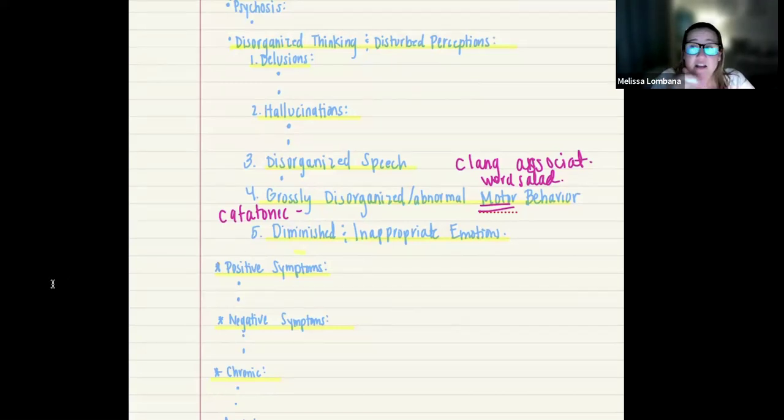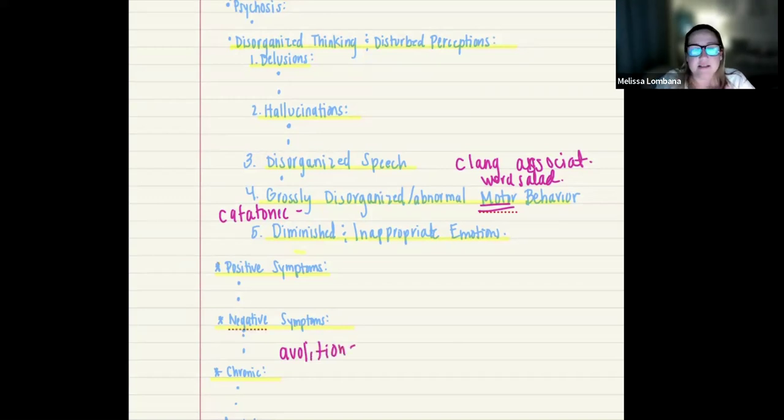Now, the negative symptoms are basically where you have a diminished emotional expression, and that's going to be like toneless voices, expressionless faces, they're either mute or have rigid bodies, the absence of appropriate behaviors or any behaviors. And then they also have what's called avolition.